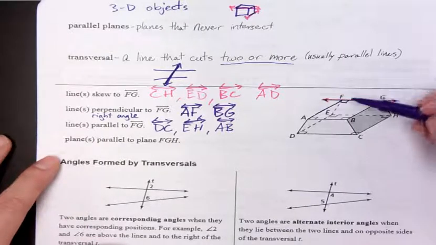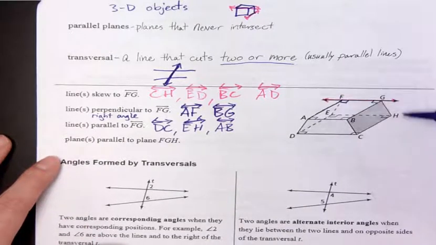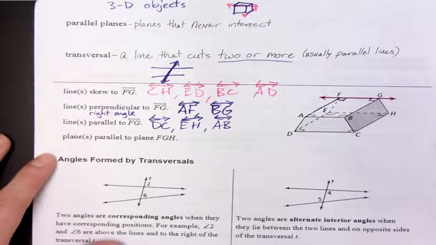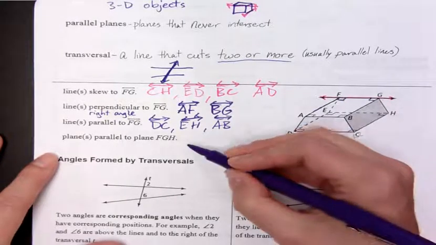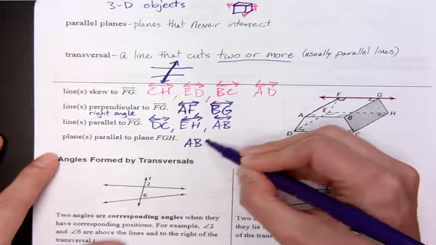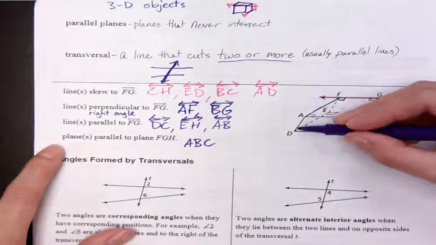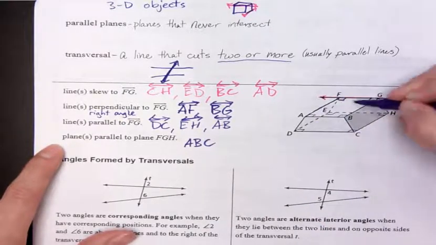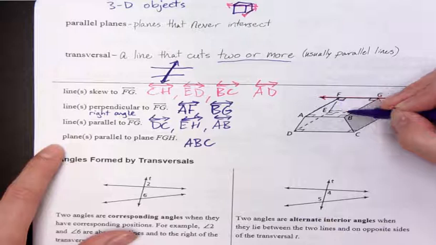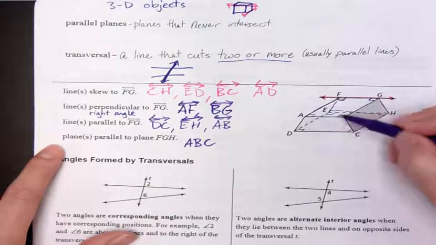All right, so now the plane parallel to FGH. Yeah, ABC. Okay, so a plane, remember, is when we now have that flat surface, so FGH means we're talking about that trapezoid end of the box, and so ABC.